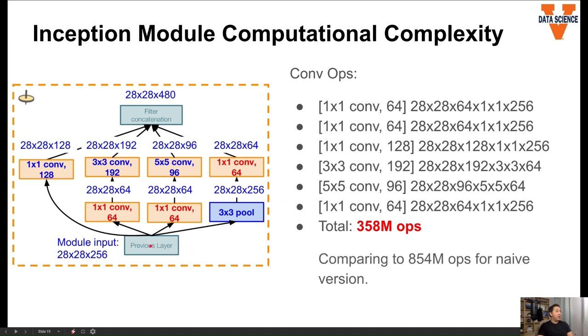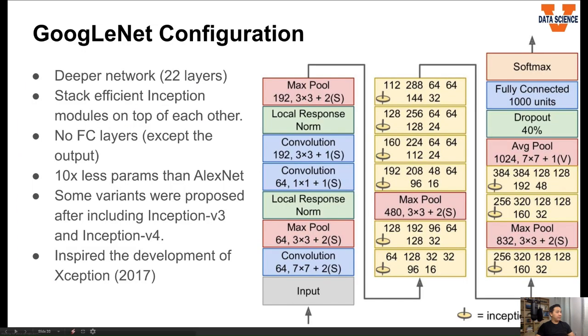You can see here that with 1x1 convolution, even though it looks like more modules, the operations actually reduced by almost threefold, and it can reduce more if you choose to design your module a little more prudently. So that's the way they overcome the complexity and stabilize the network, right?